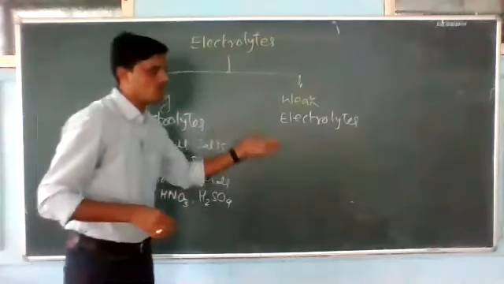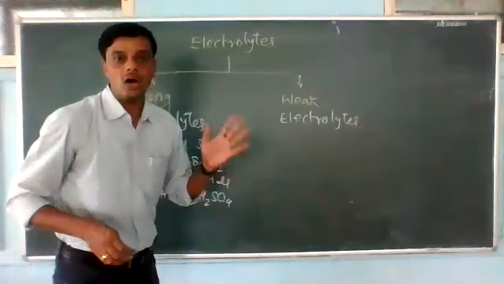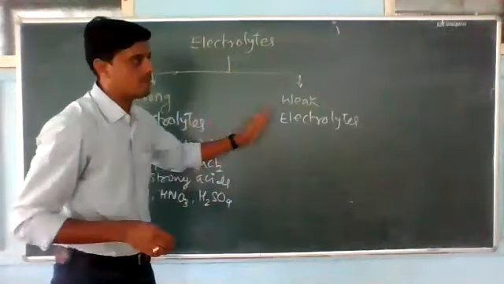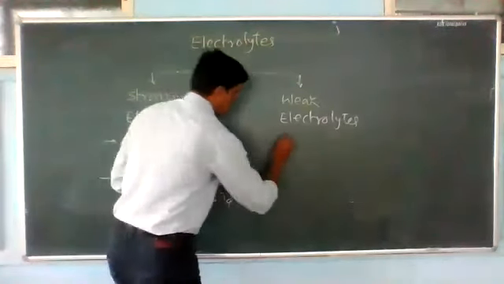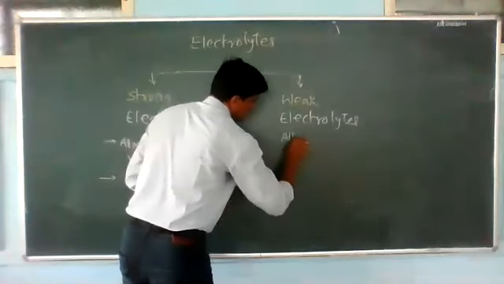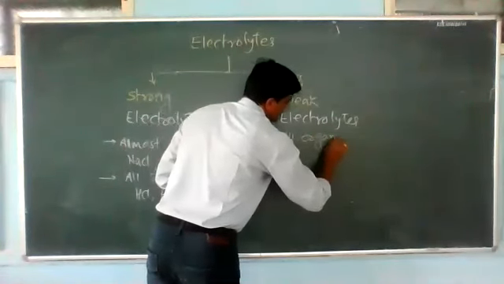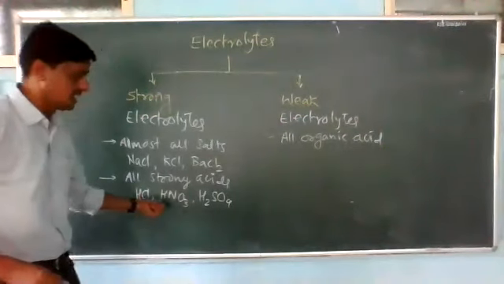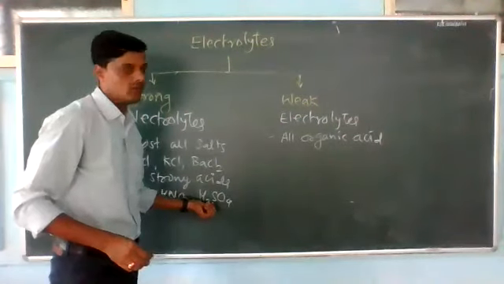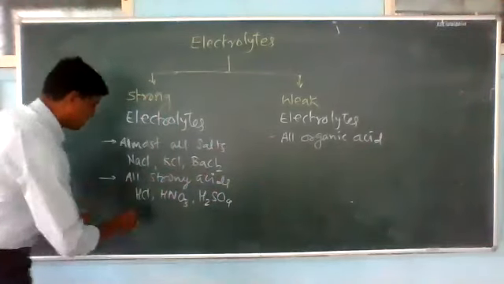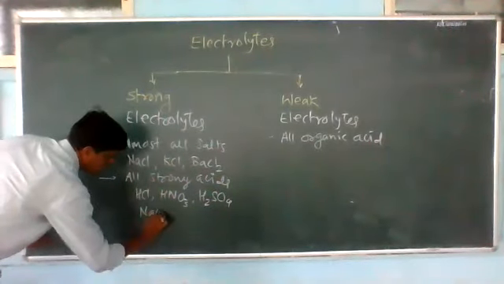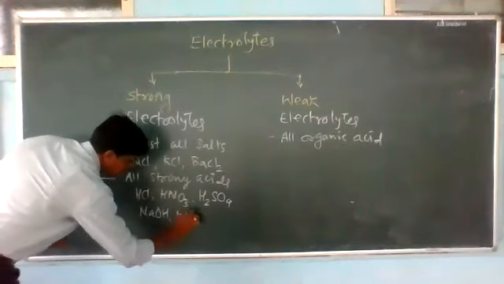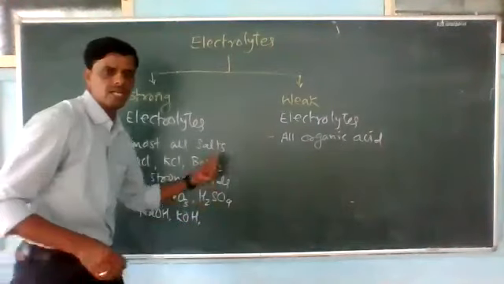And weak electrolytes are all organic acids. These are mineral acids, HCl, HNO3, H2SO4, etc., and also all bases: NaOH, KOH, barium hydroxide, calcium hydroxide.